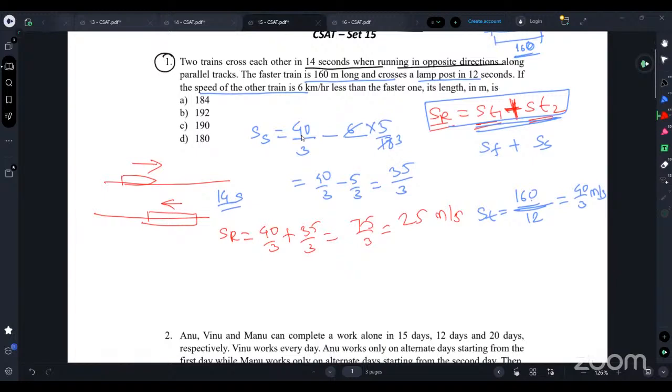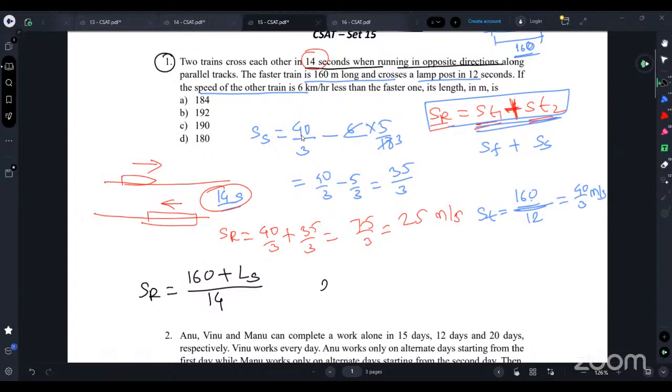Now the question says they are taking 14 seconds to cross each other, right? In this case, what will be the distance traveled combinedly by both trains? It will be the summation of their lengths. So relative speed will be equal to the length of the faster train plus the length of the slower train, let's say ls, that we want to find, divided by the time they require to cross each other, which is 14 seconds.